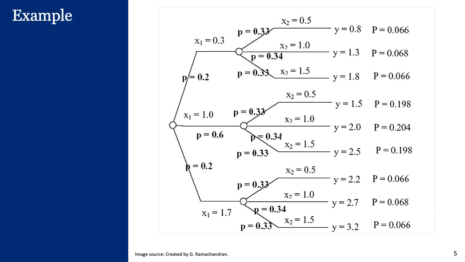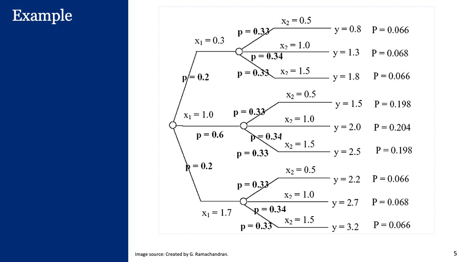And the probability that x1 takes a value of 1.7 is 0.2 or 20%. So the three probabilities, 0.2, 0.6, and 0.2, they all add up to 1 or 100%. Likewise, x2 can take three values, 0.5, 1, and 1.5, and these correspond to probabilities of 0.33, 0.34, and 0.33. Again, these three probabilities add up to 1 or 100%.